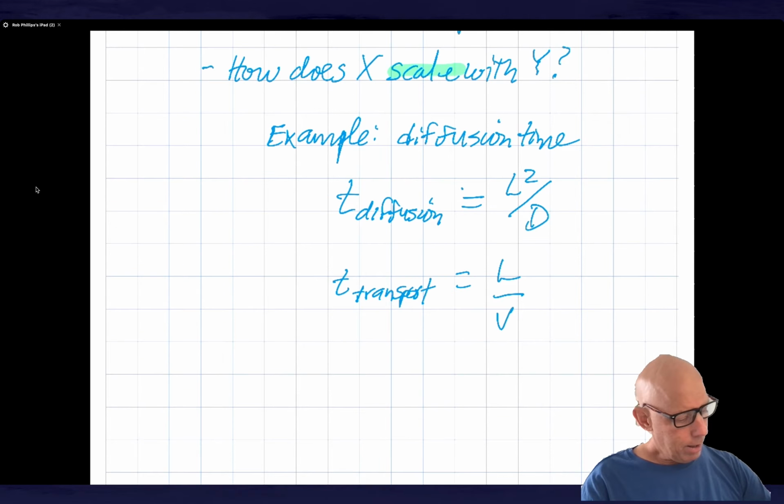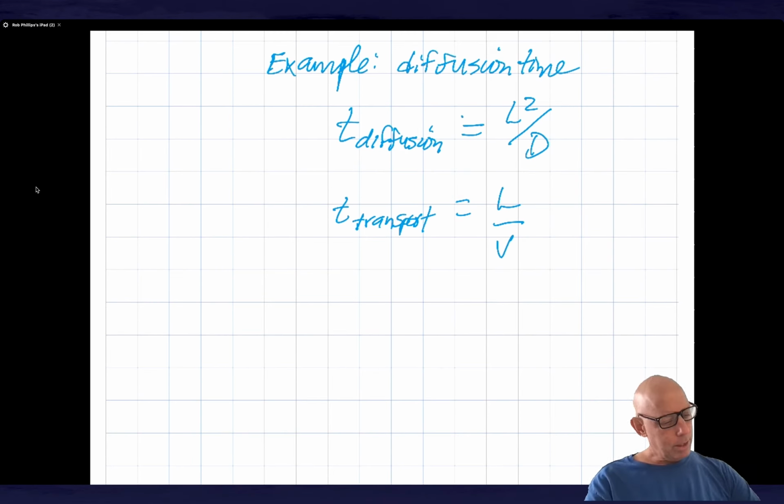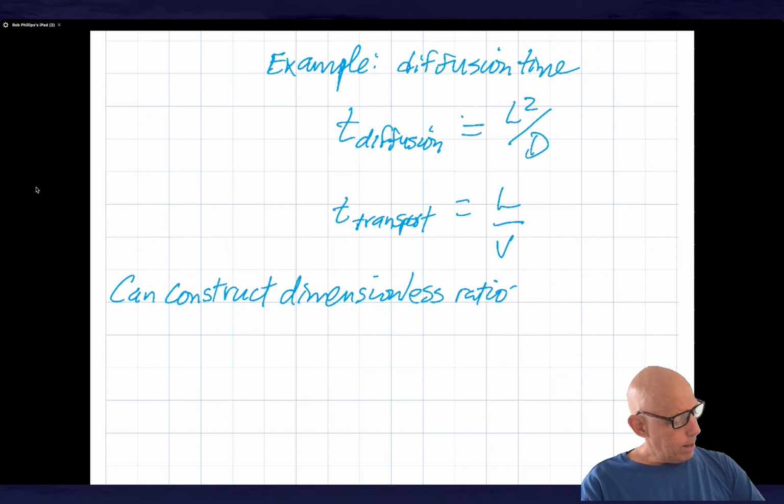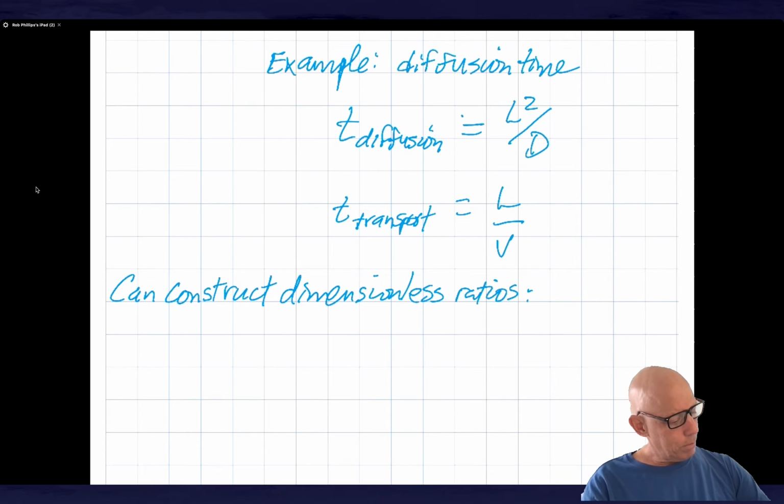And now, interestingly, we also see that we can construct dimensionless ratios. And we're going to find these dimensionless ratios to be very useful.